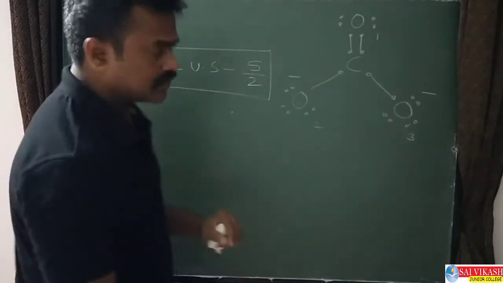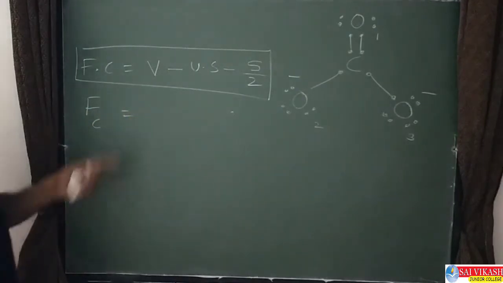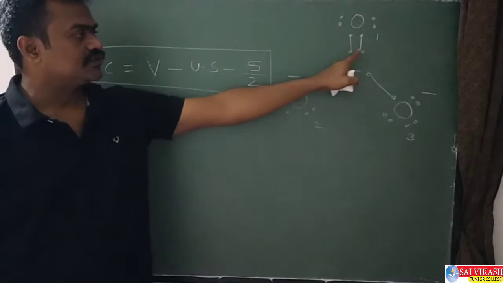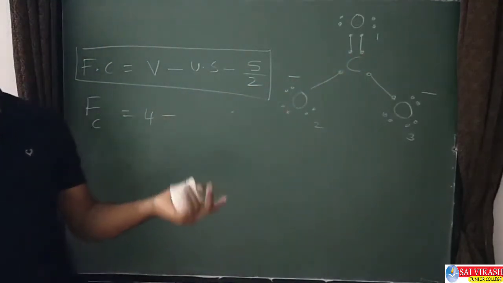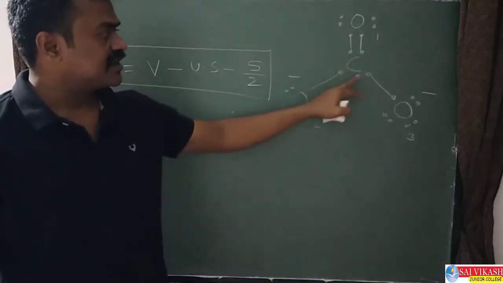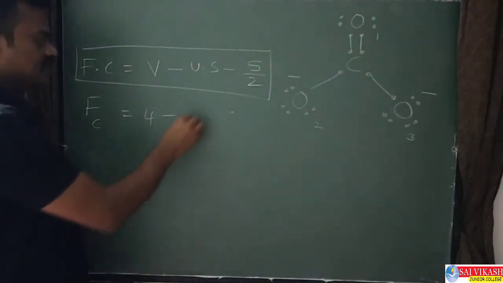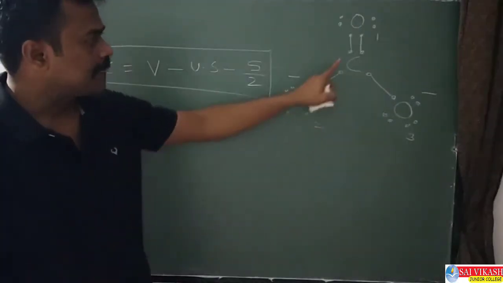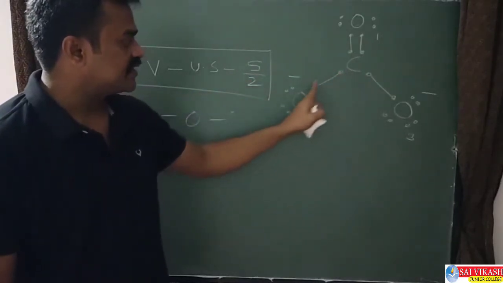Let's find out now. See, formal charge of carbon. Formula: valency of carbon, valency means how many electrons? 1, 2, 3, 4. So 4 electrons minus number of unshared. Are there any unshared electrons? All are sharing electrons only, no unshared electrons. So this is 0, minus number of sharing electrons: 1, 2, 3, 4, 5, 6, 7, 8.